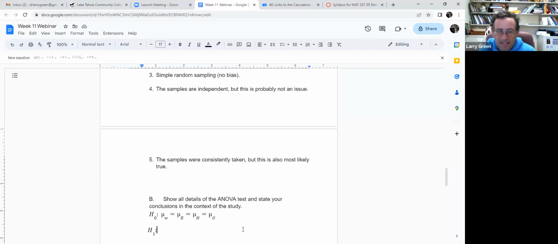Okay. H1 is going to look very different from H naught because this is the one case where I suggest writing symbols for H naught and a sentence for H1. Turns out when I first taught this class, I used symbols for H1 and confused the hell out of everyone, so I don't do that anymore. Because there is a way of doing the at least one, but instead it's a lot easier to just put in a sentence.